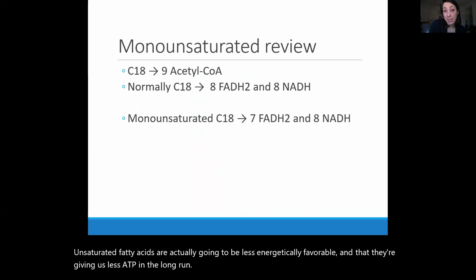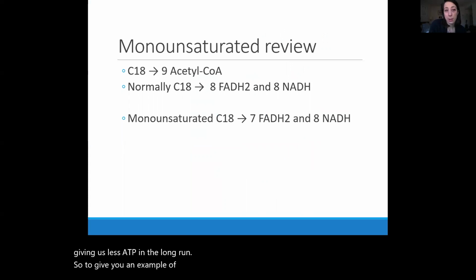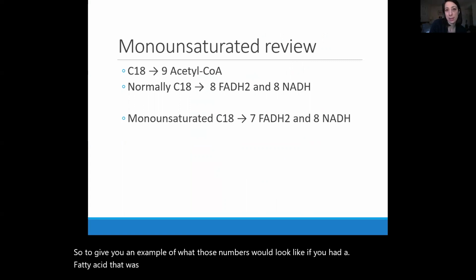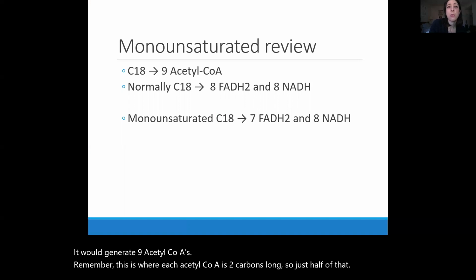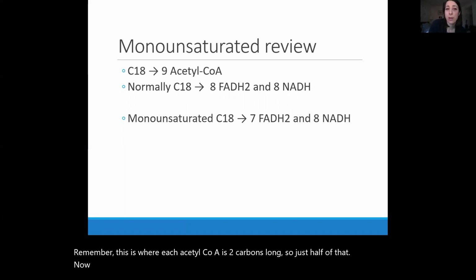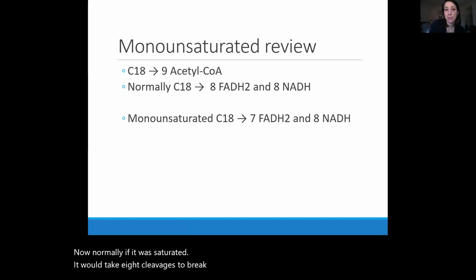So, to give you an example of what those numbers would look like, if you had a fatty acid that was a C18, 18 carbons long, it would generate 9 acetyl-CoAs. Remember, each acetyl-CoA is 2 carbons long, so it's just half of that. Now, normally, if it was saturated, it would take 8 cleavages to break this C18.